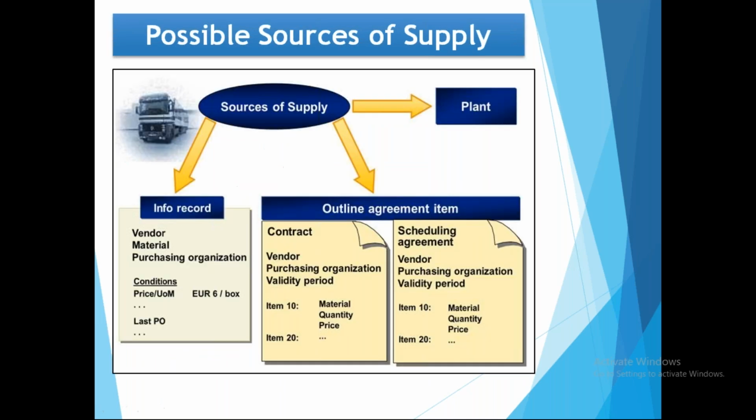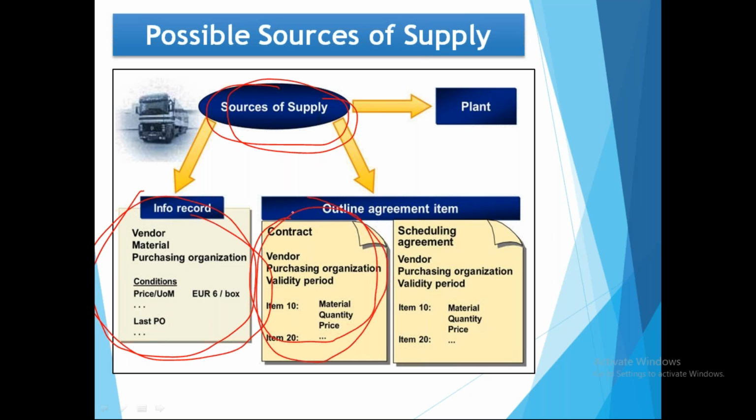First, these are the sources of supply. Whenever you create a purchase order, it can refer to a purchase info record, or to an outline agreement like a contract with the vendor, or a scheduling agreement with the vendor. These are the possible sources of supply the system can refer to when you are creating a purchase order.